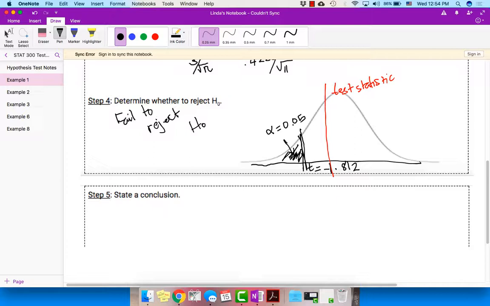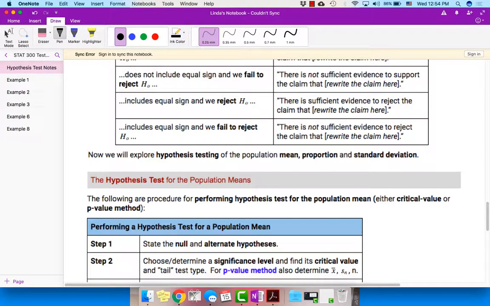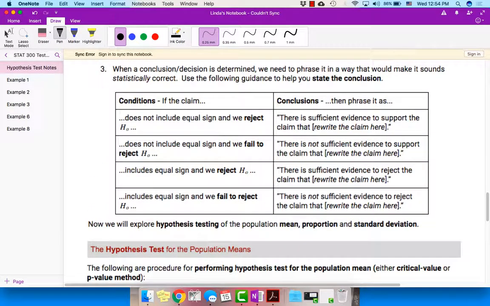Now, in order to state a conclusion, I would like you to turn to page 3 of your notes. Under the condition, if the claim, I'm talking about the claim, so we have to go back to that test to find out what the claim is.